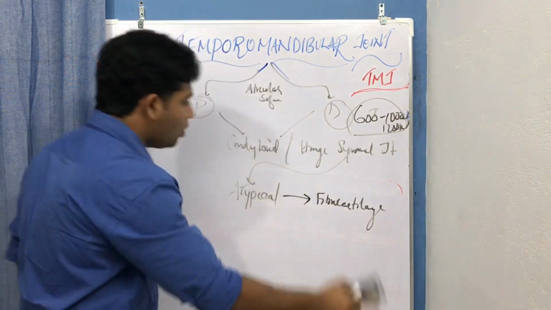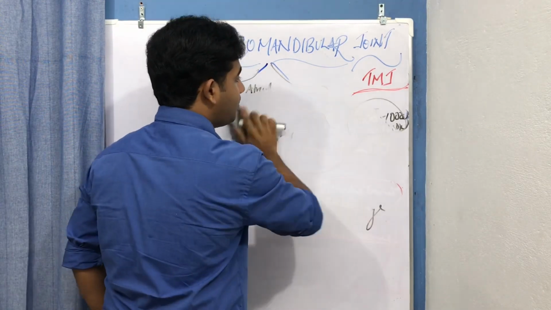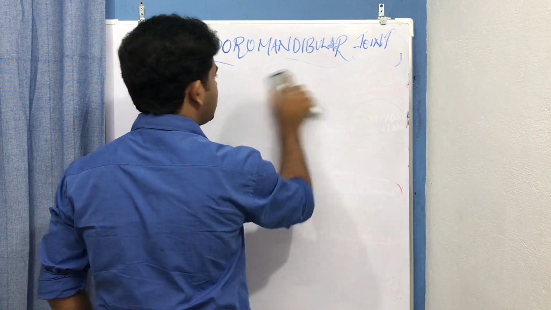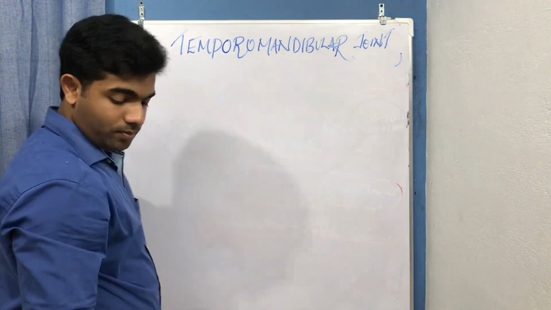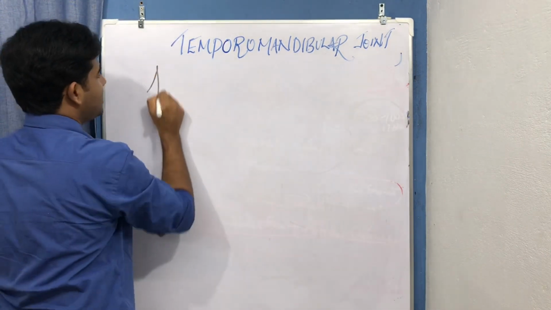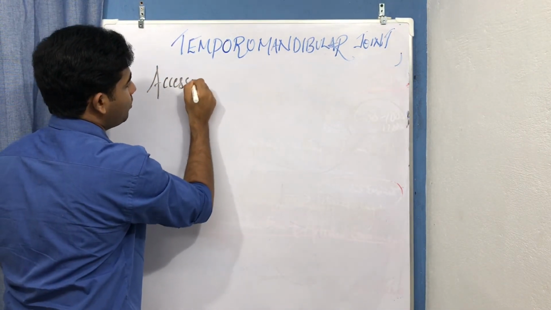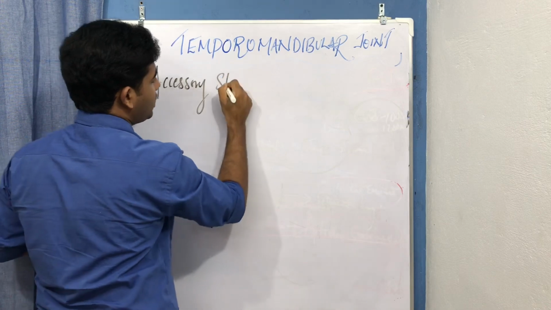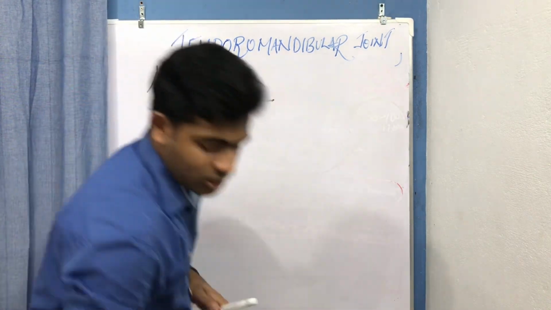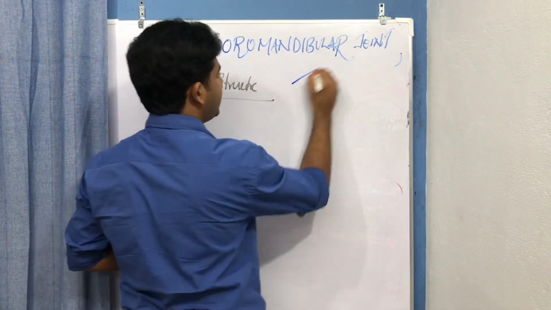Now, this is time to discuss something more important as far as your syllabus or our knowledge is concerned. That is the accessory joint structures in the temporomandibular joint, and that is the temporomandibular joint disc.